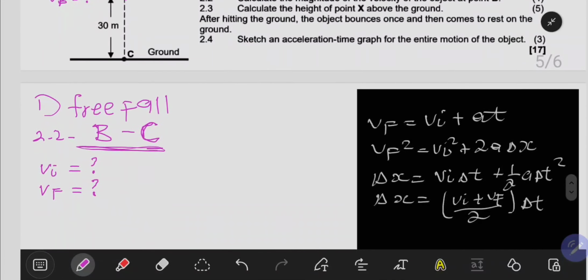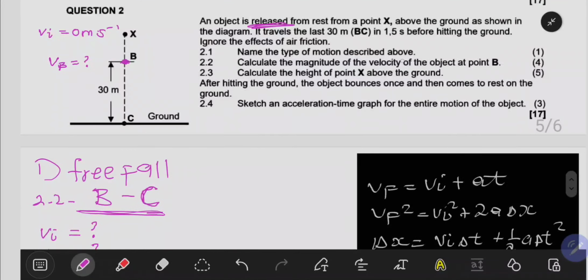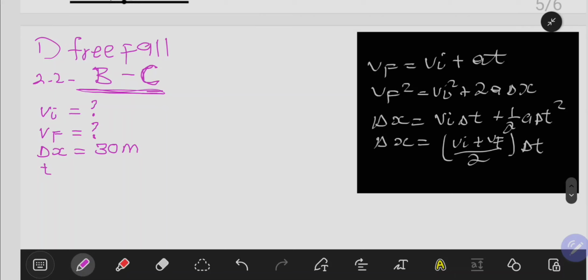All right. But we know that our change in displacement is equal to 30 meters. And we were also given the time it takes, 1.5 seconds, for it to travel from B to C. So our time here is 1.5 seconds. And we know that our gravitational acceleration is 9.8 meters per second squared.